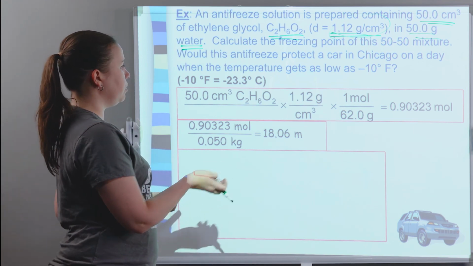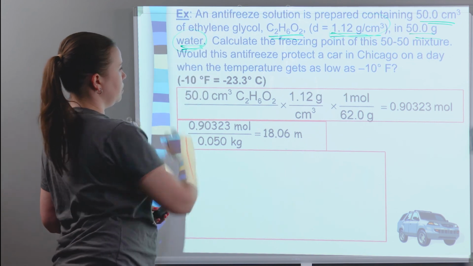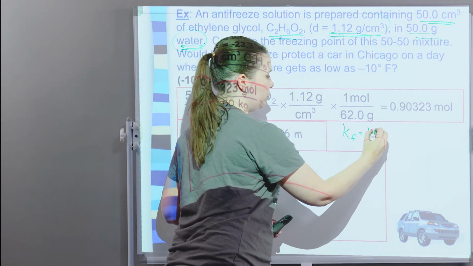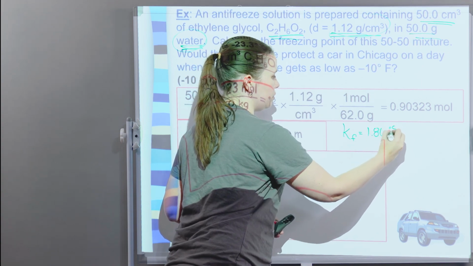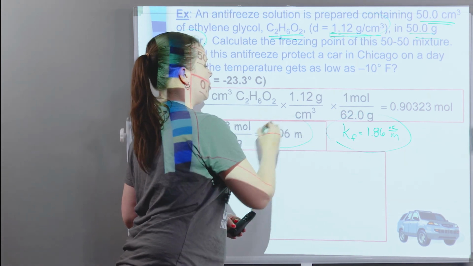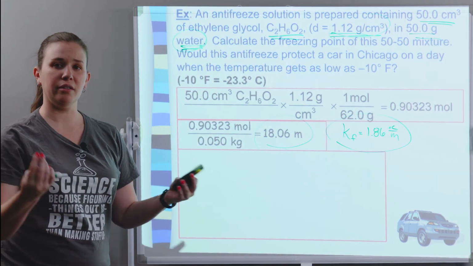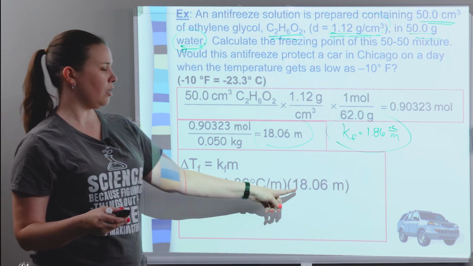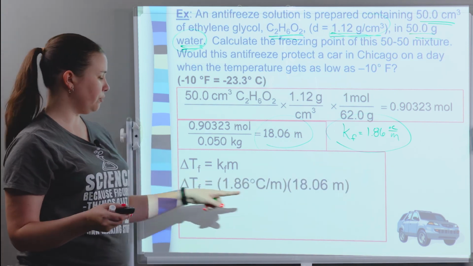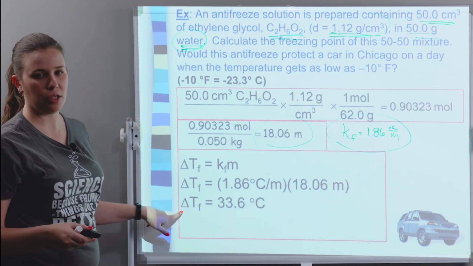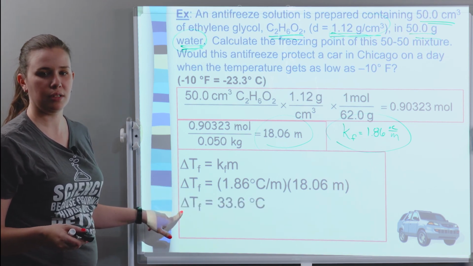What else do we know? Since it's water, we know that the Kf is equal to 1.86 degrees Celsius per molality. So if I have the Kf and the molality, I should be able to find the delta T. So I'm just going to plug in the Kf and the molality in order to solve for my change in temperature. When we multiply these together, we get a change of 33.6 degrees Celsius.